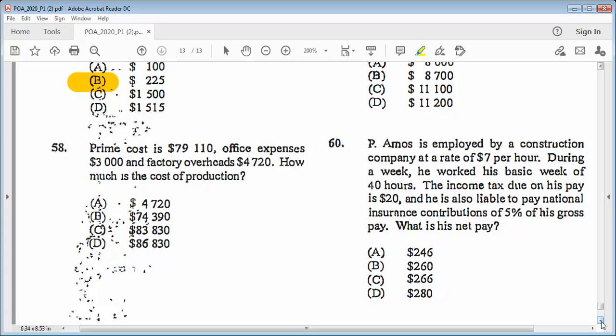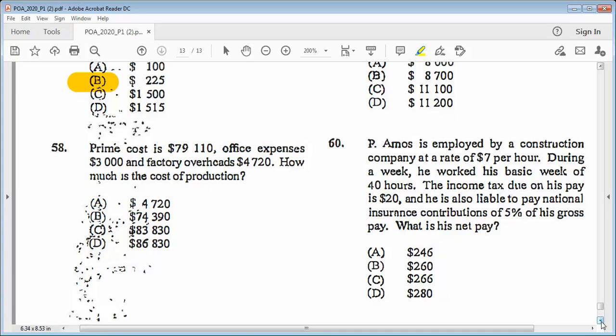Now, as we said, prime cost is the total sum of direct costs, right? So we know that our prime cost is 79,110 plus 4,720, because our prime cost would have already included our office expense.